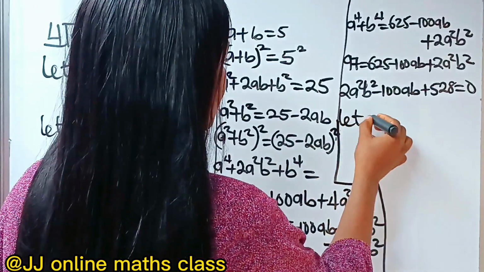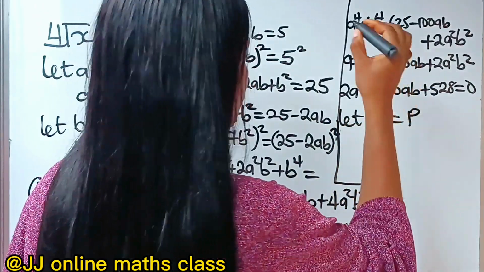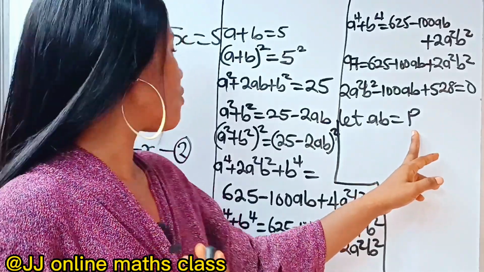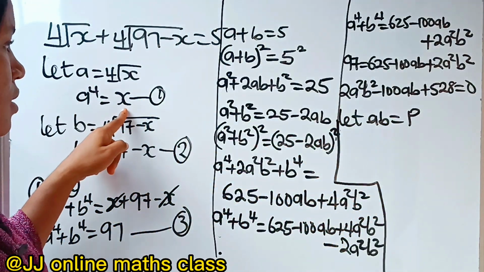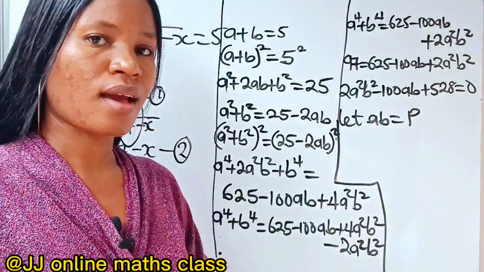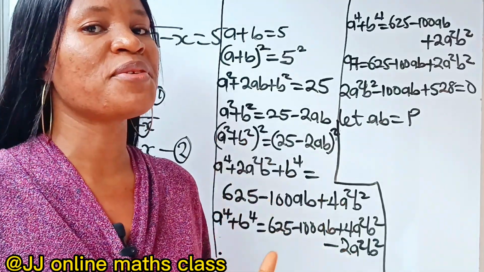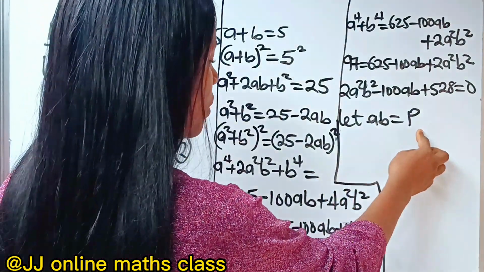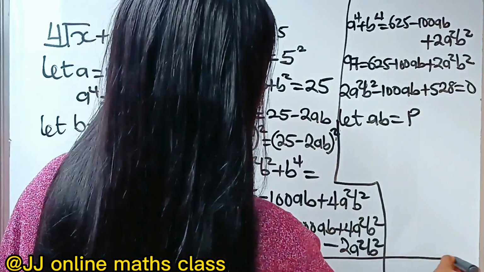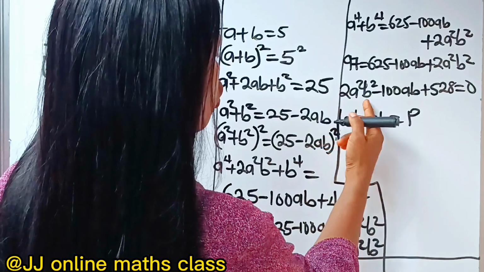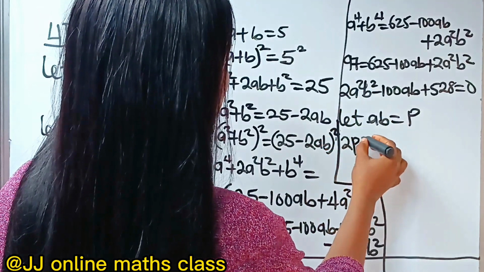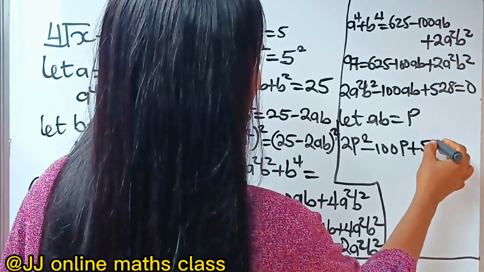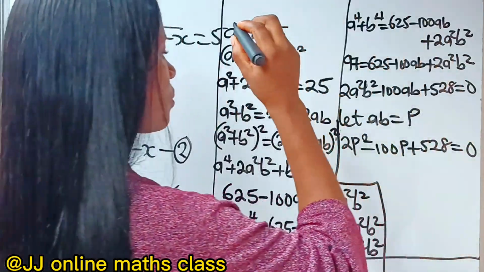So we say let ab equals P. Now remember that we are not looking for P, rather we are looking for X. But we are going to use this to get X. So stay tuned while we get the value of X. All right, now if we say let ab equals P, that means that we can write that 2p squared minus 100p plus 528 is equal to 0.